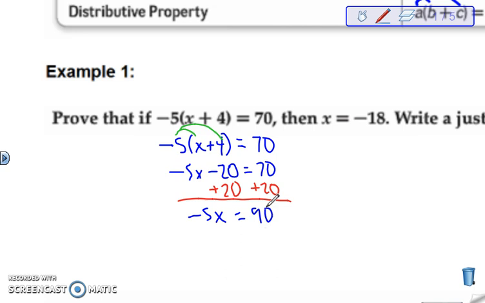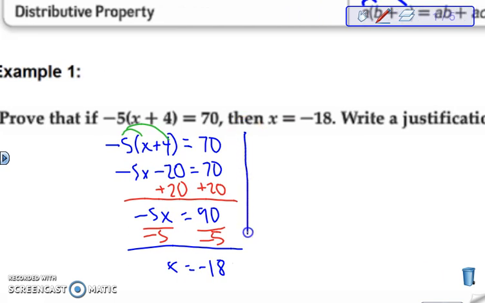And then finally divide out the negative 5. And if we do that, we should get the answer that they gave us at the start, which we did, so we did everything right.